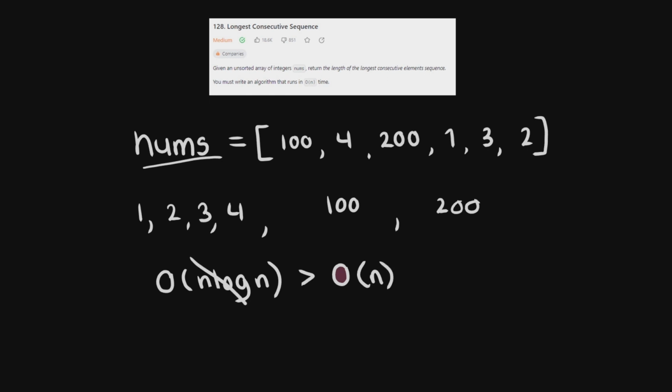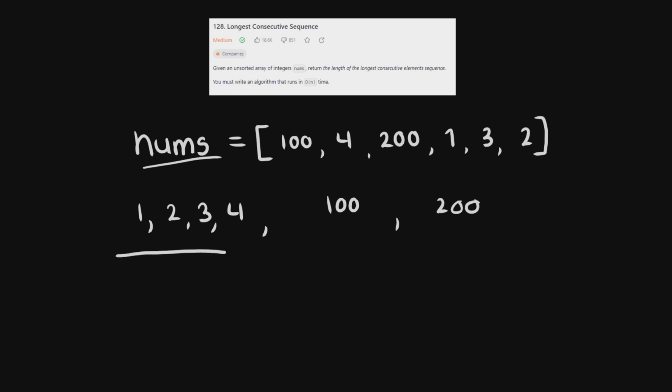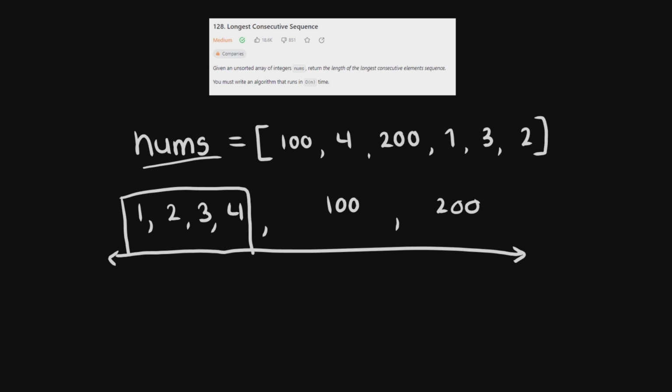So this is not a valid approach to this problem. So we can imagine these numbers on some sort of number line. So we can have, let's say, the number line here, and each of these are in a sort of sequence depending on where they are in the number line.